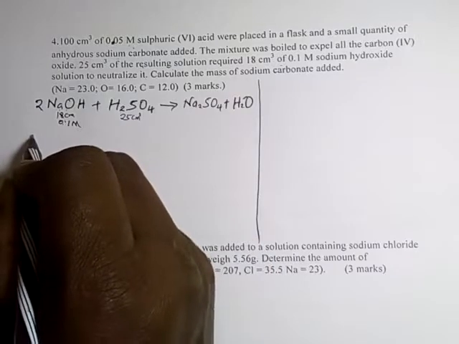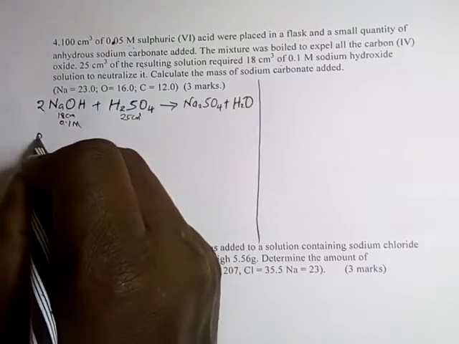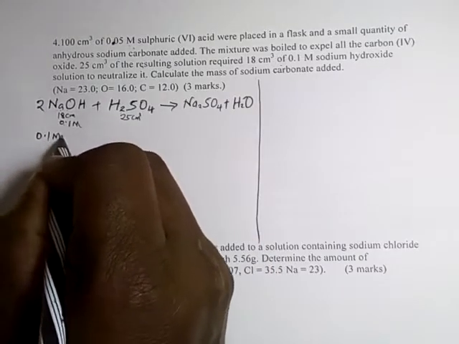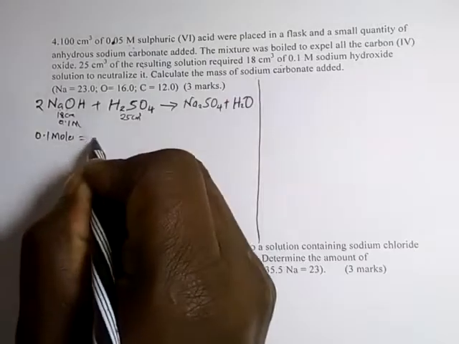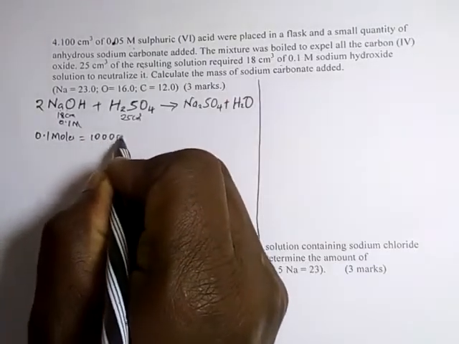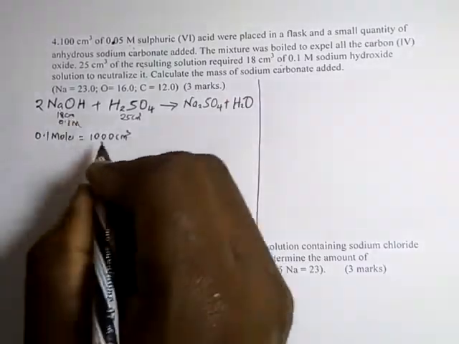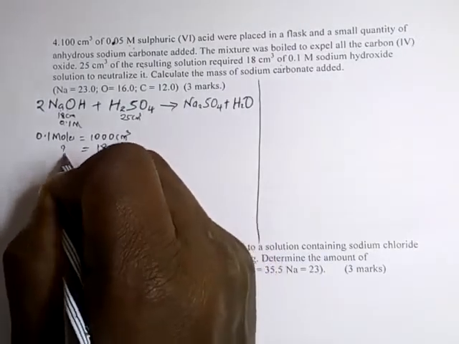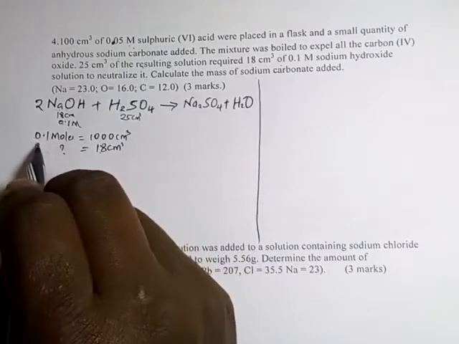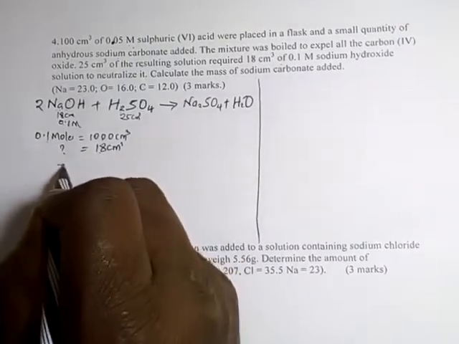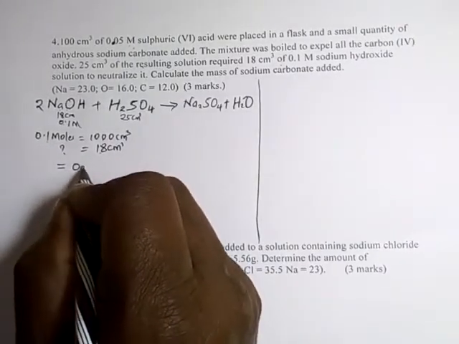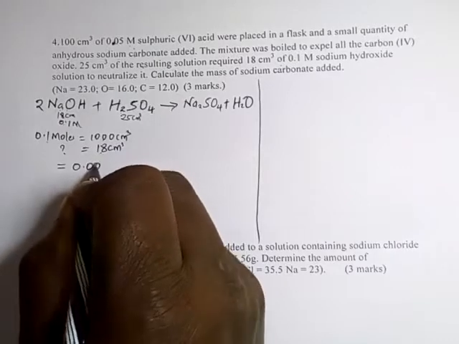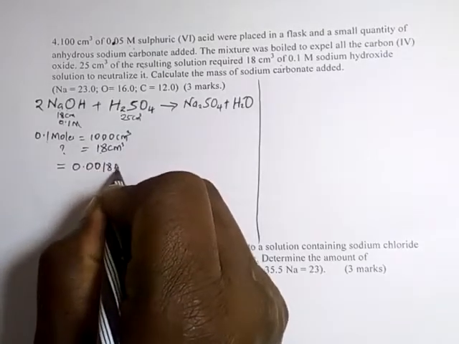We can say that 0.1 is the number of moles in 1,000 centimeters cube of sodium hydroxide. Then 18 centimeters cube will contain how many? It is 18 times 0.1 divided by 1,000, and it's going to give us 0.0018 moles.